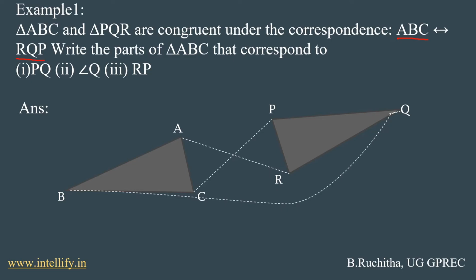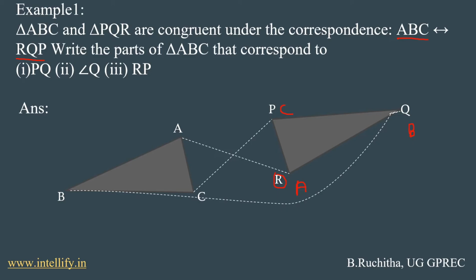So at the position of R, we can write A. At the position of Q, we can write B, because they are corresponding vertices. At the position of P, we can write C. If we place the triangle ABC at these vertices, we can say that they are congruent.